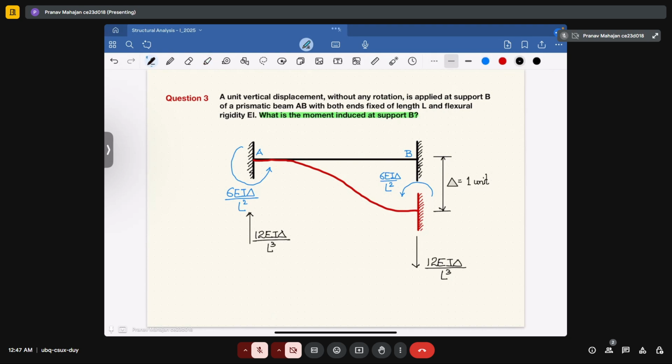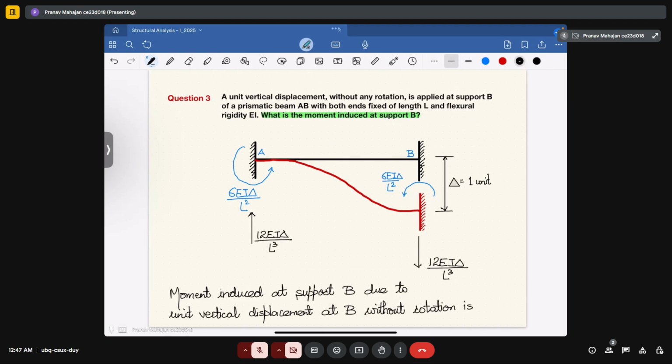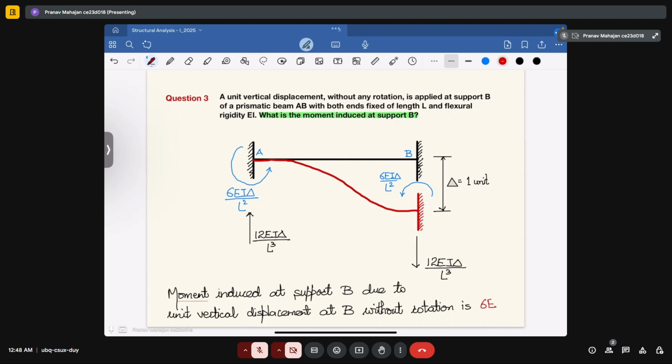So moment induced at support B due to unit vertical displacement at B without rotation is 6EI delta upon L cube L square.